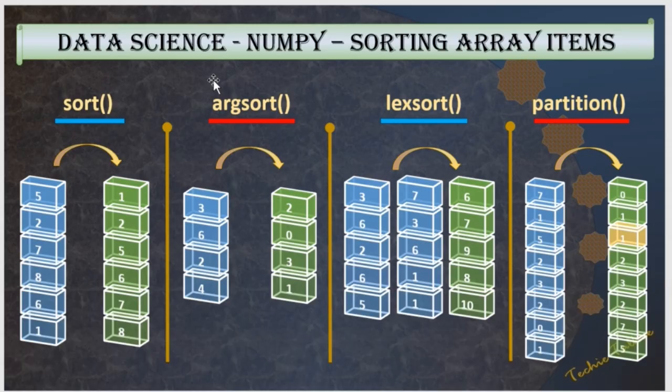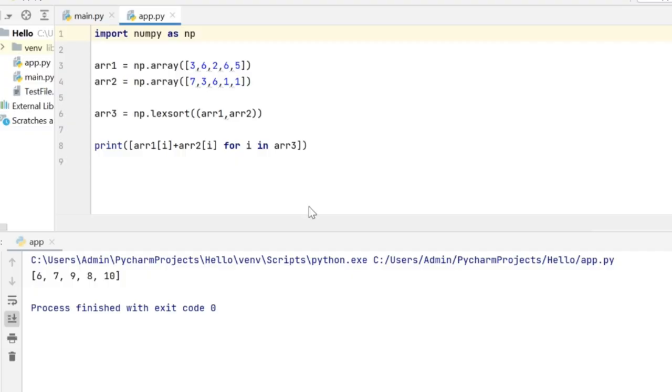Say I have got 2 arrays with me and I want the sorting to be done based on the array order that I provide. So in that case, I can use the lexsort. Consider this example where I've got 2 arrays, ARR1 and ARR2, and the shape of the arrays is the same, where I have 1 row and 5 columns and these 2 arrays are 1D arrays.